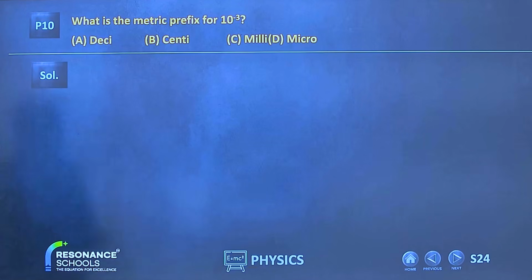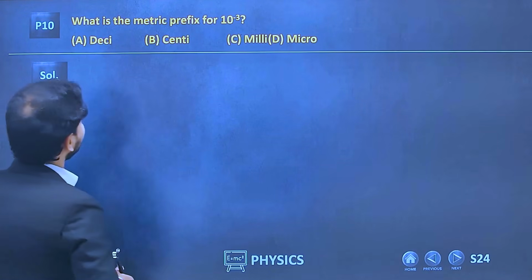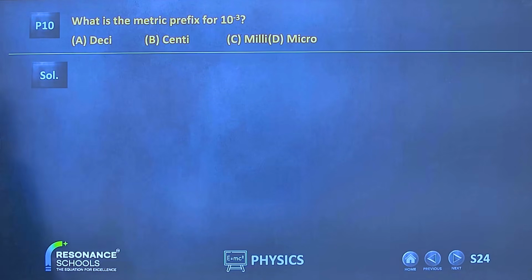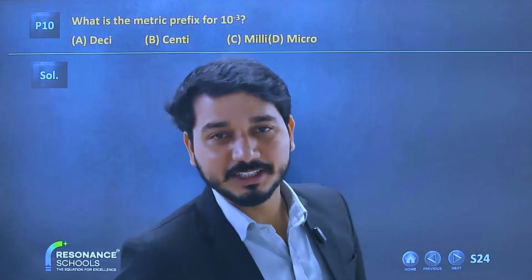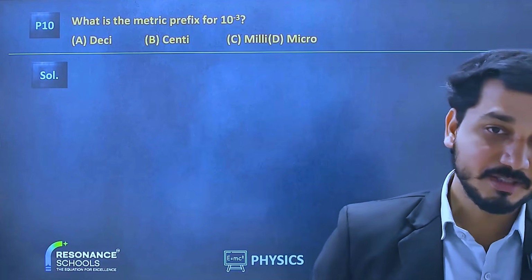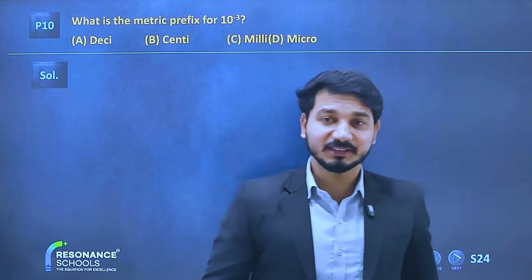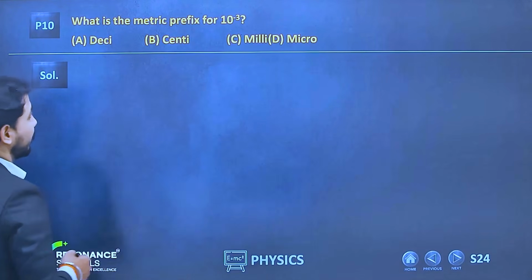Okay, maximum is saying option C. It is asking what is the metric prefix for 10 to the power minus 3. Metric prefix, read the statement, read the word, every word is important. Metric prefix for 10 to the power minus 3 it is asking. Right?